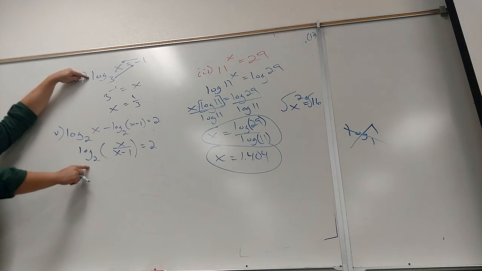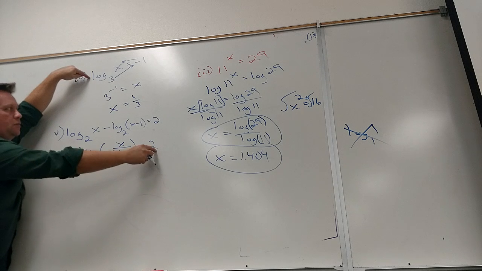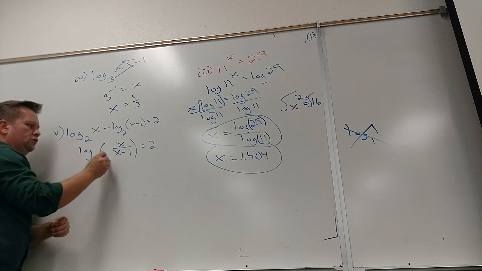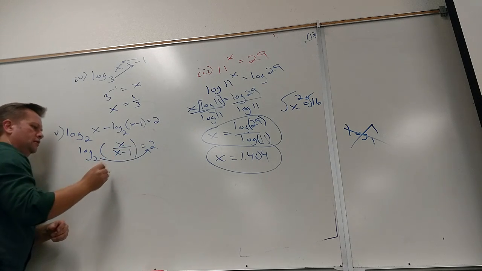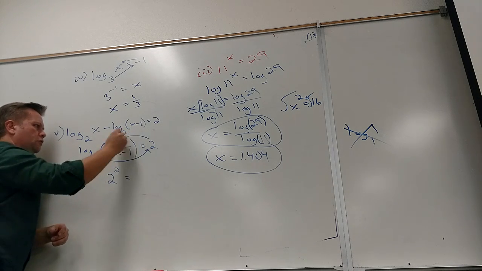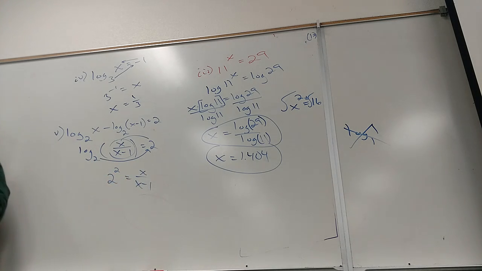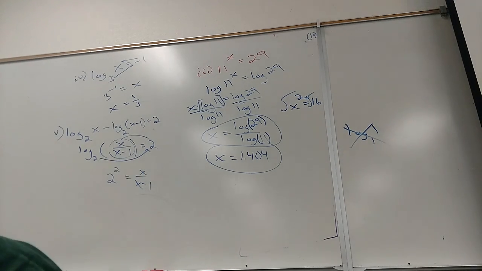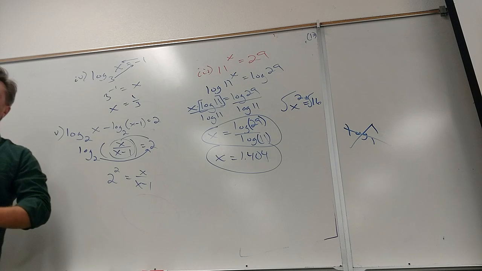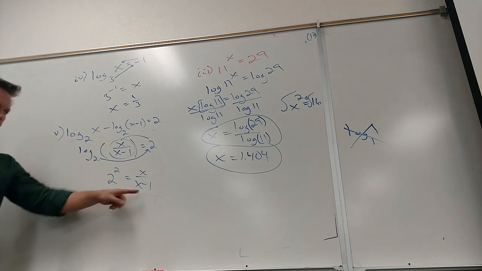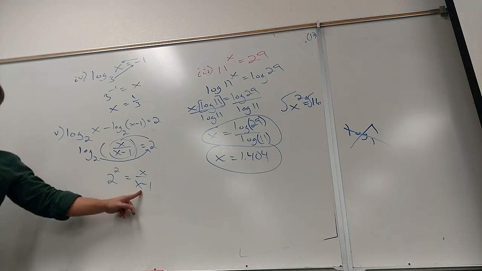And now that I've written it as a log of something equals a number, I can do exactly what we did here. How can I rewrite this? 2 to the second power equals, finish that out. Some of you are going to look at it and give up immediately, and I'm like, come on, you can do it. What sucks about this problem? The fraction. Okay, kill the fraction.